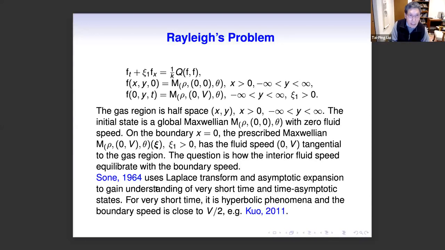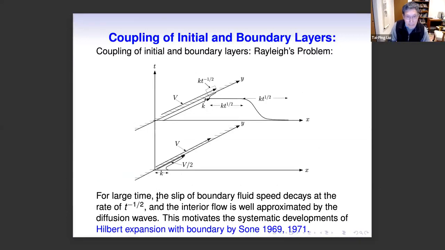Sone Sensei focused on the phenomenon, this picture here. Significantly, this part here is a part where Hilbert expansion is valid. In fact, Sone developed the Hilbert expansion in 1969 and '71 systematically, and he was motivated by this thing here.